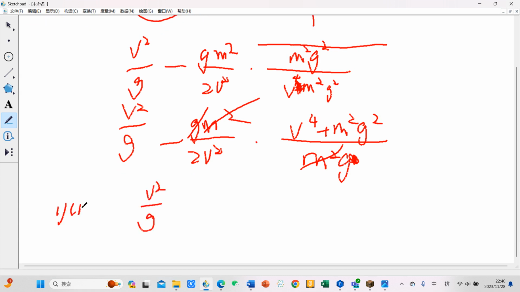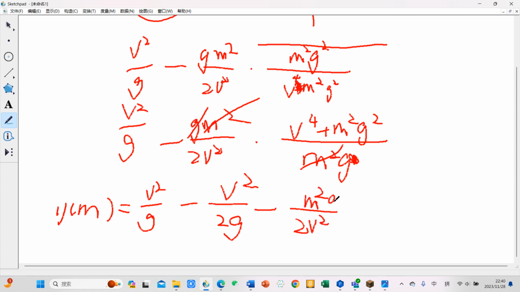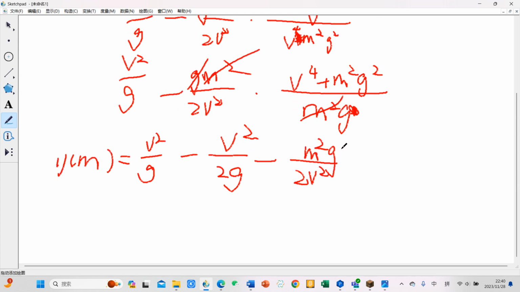So ym or ym max is gv squared minus what is this? 2gv squared and minus 2v squared m squared g, right?